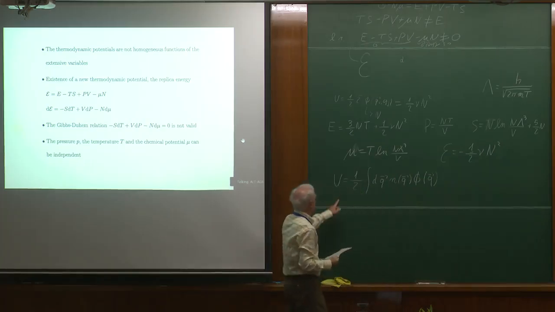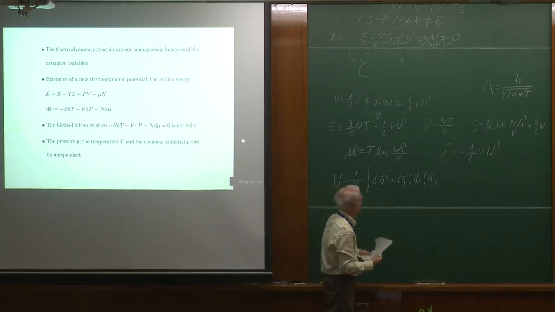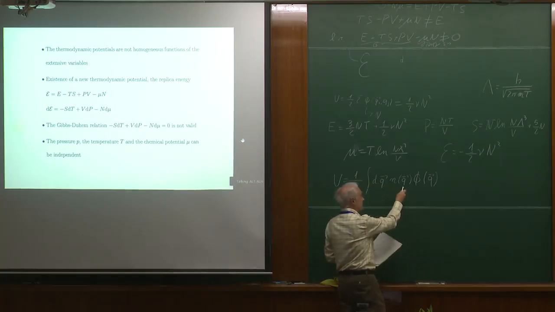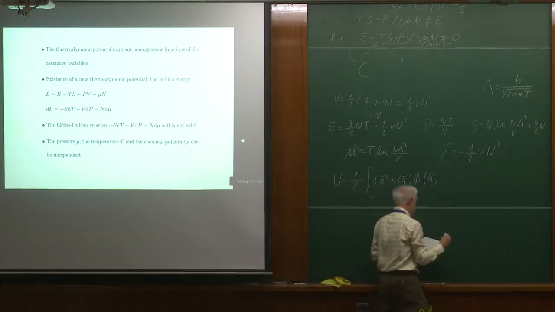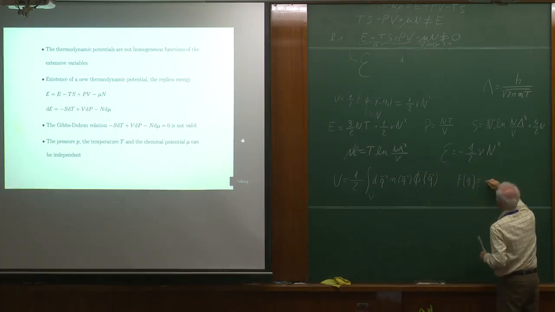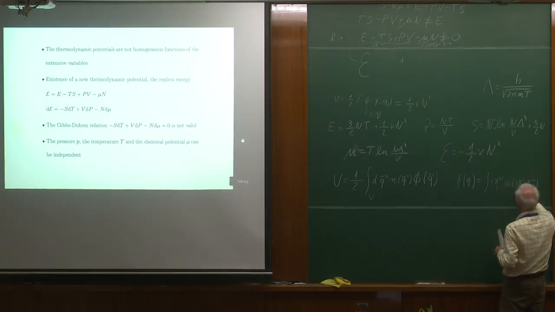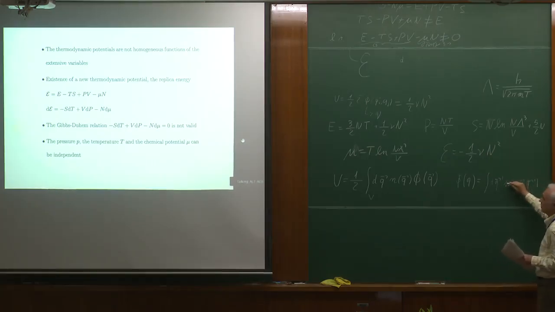The potential energy is expressed as an integral of the density, which is not homogeneous on the volume of the system, times the mean field potential, where the mean field potential in turn is expressed through the two-body potential between the particles of the system.